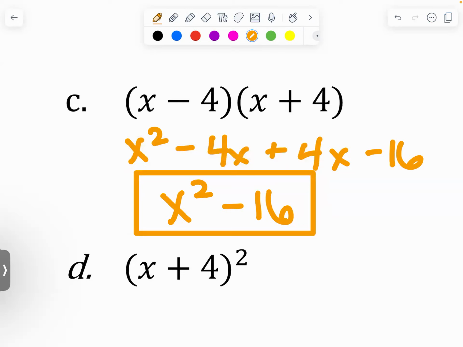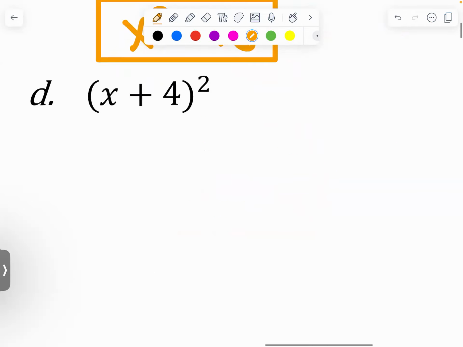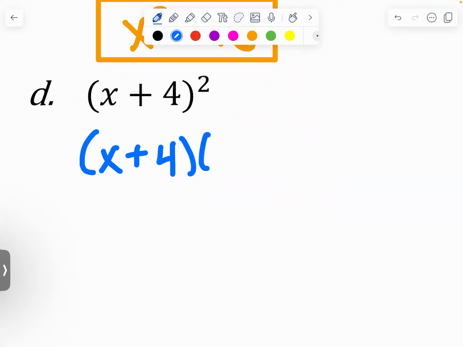The reason I didn't want you to do D is because I was nervous you would do it incorrectly. What does x plus 4, the quantity squared, mean? It means x plus 4 parentheses x plus 4. Please make sure that you at least think about writing it twice so that you can multiply it out.